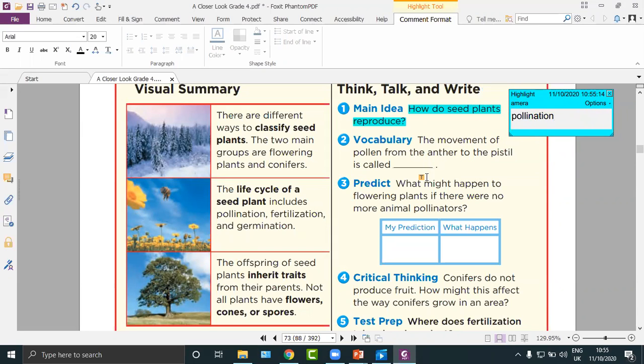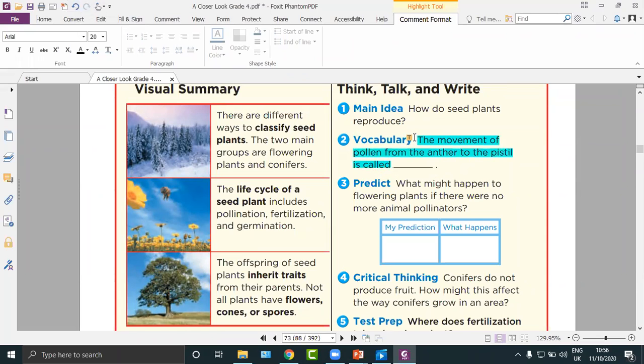Now, number 2, the movement of pollen from the anther to the pistil is called pollination. Number 1 is a question you don't have in your book, right?